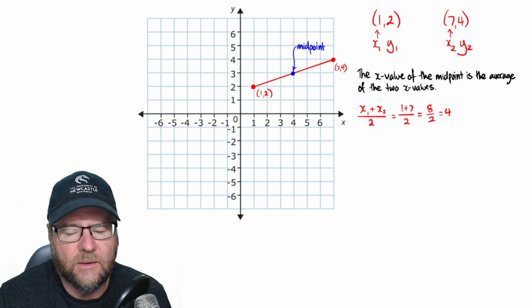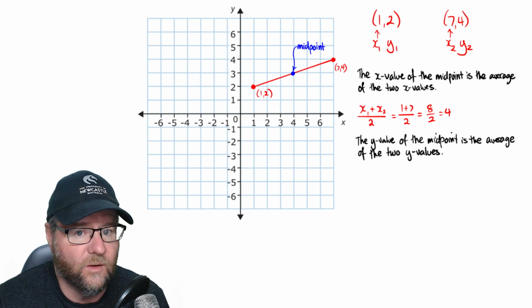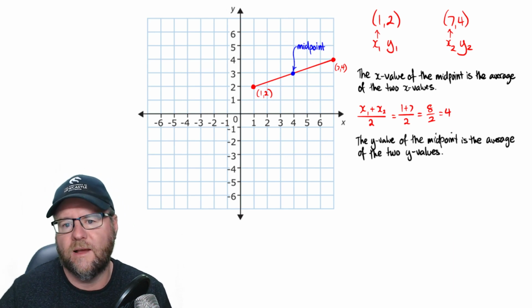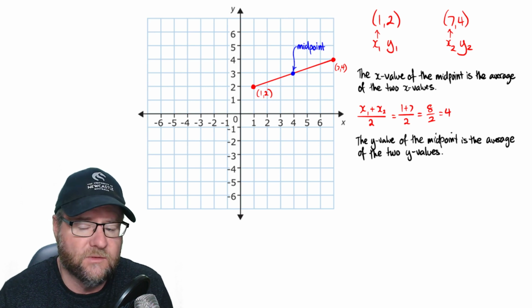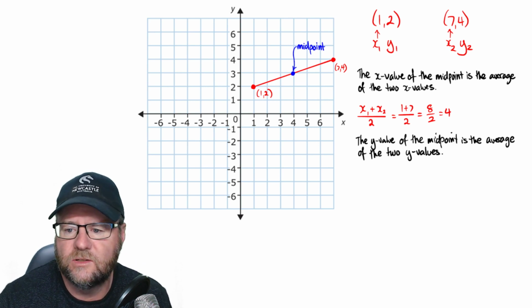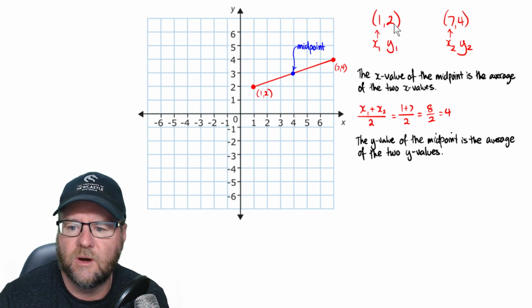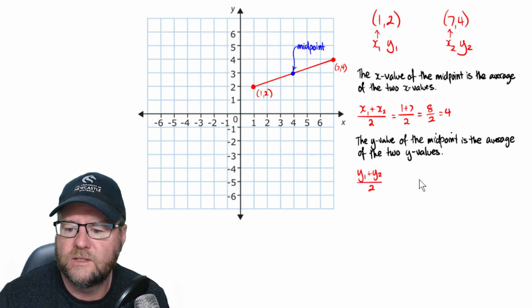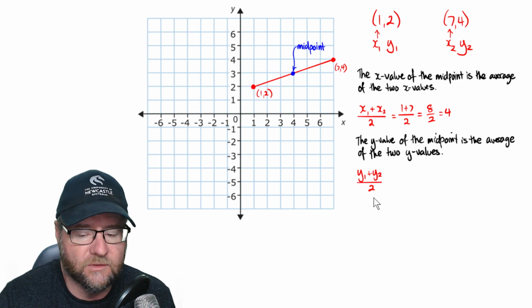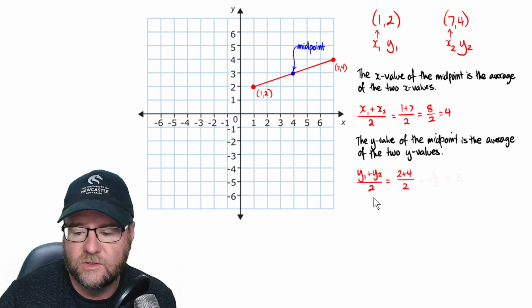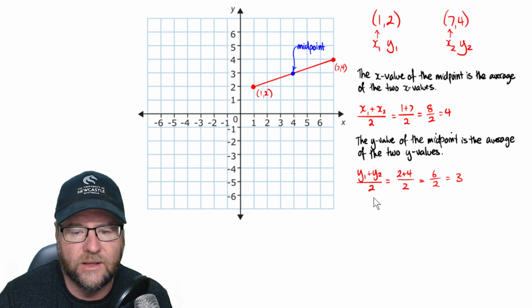Now we're going to do the same thing with the Y value. The Y value of the midpoint is just the average of the two Y values. So I'm going to take the two Y values, that's this one here and this one here, my Y1 and my Y2, and find the average of them. So add them together, divide by 2, and I get a value of 3.